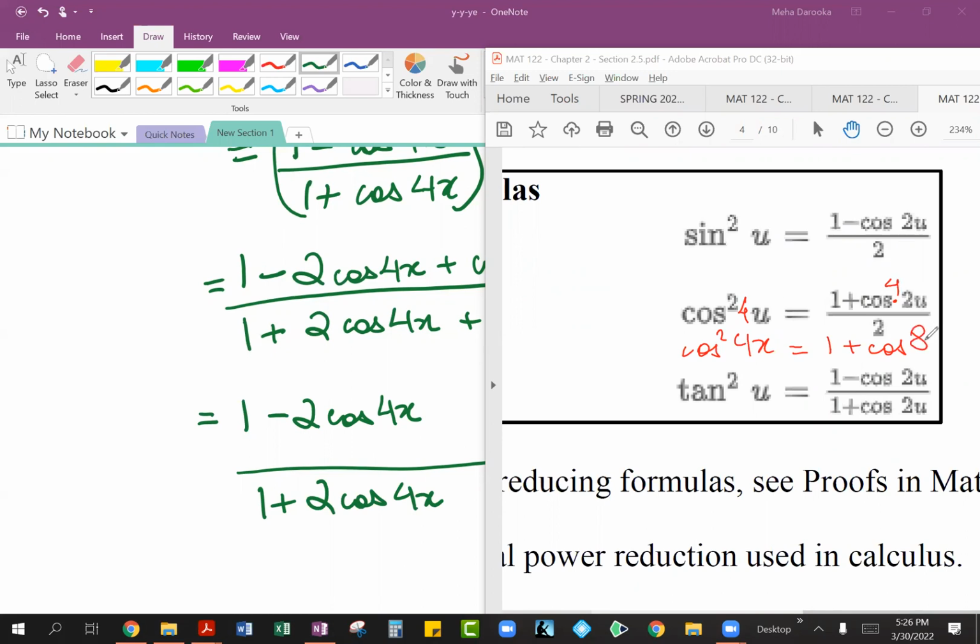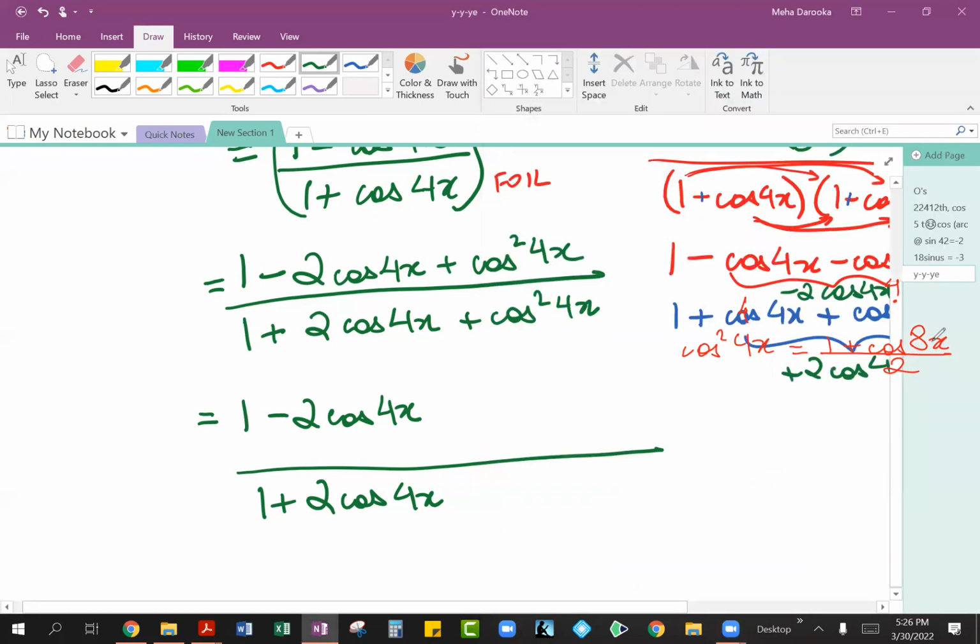So 4 times 2 will give you 8x over 2. 1 plus cosine of 8x over 2. So that's what you are bringing in here. So plus 1 plus cosine of 8x over 2 plus 1 plus cosine of 8x over 2.